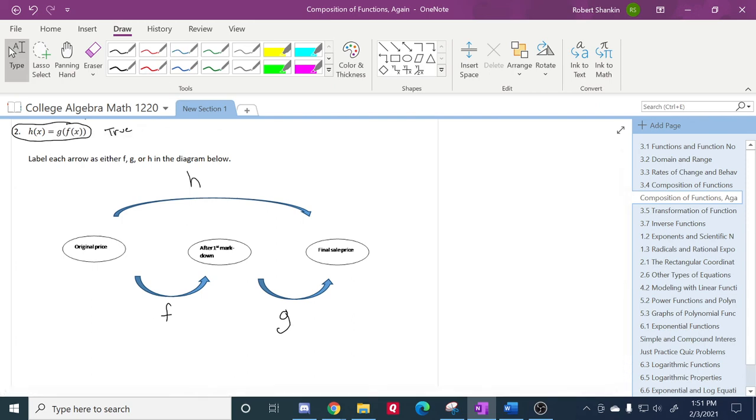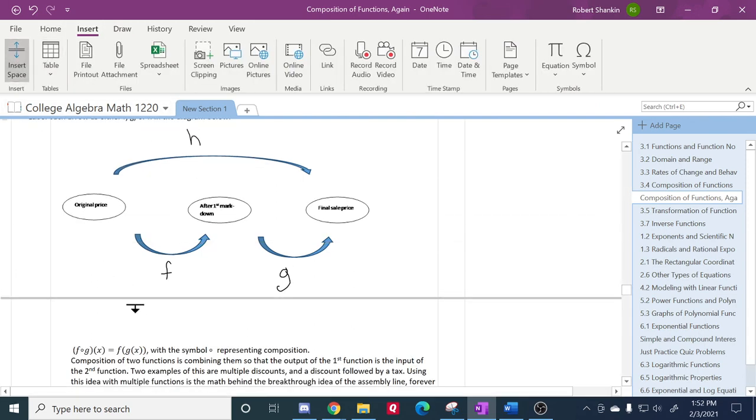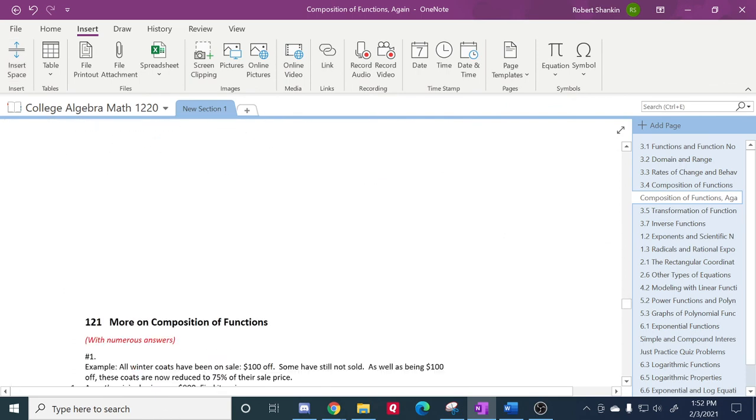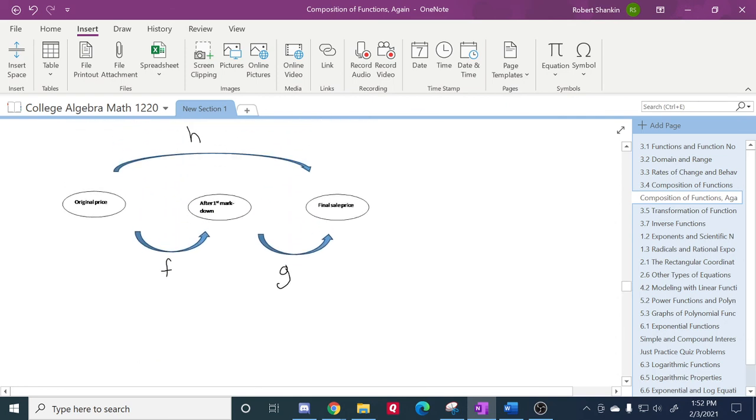All right, so let's look at this in the sense of, if I had a coat that's $1,300, original price.